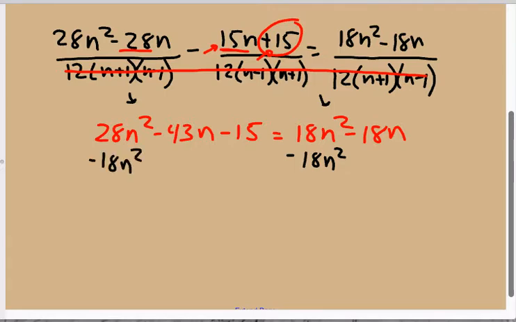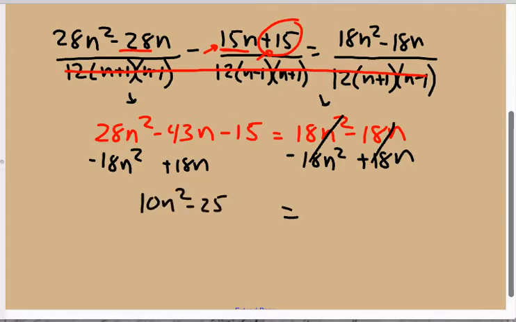Minus 18n squared. I'm going to add 18n to both sides. These cancel out. Everything's equal to 0. The n squared, that's going to give me 10n squared minus 25n when we add these two together, and minus 15.